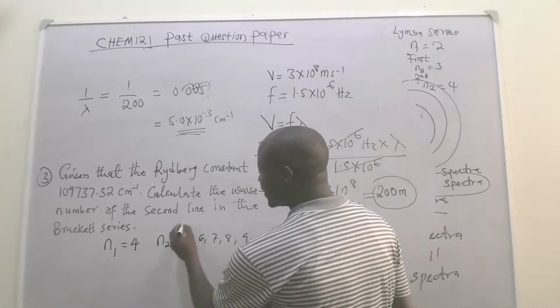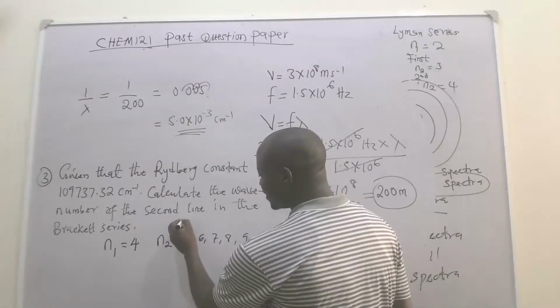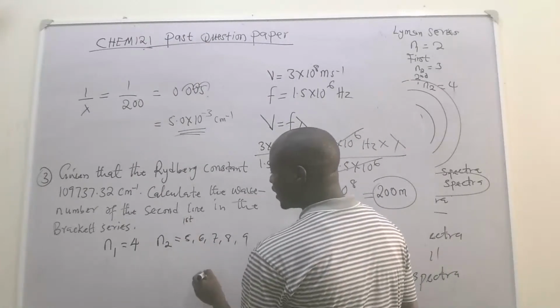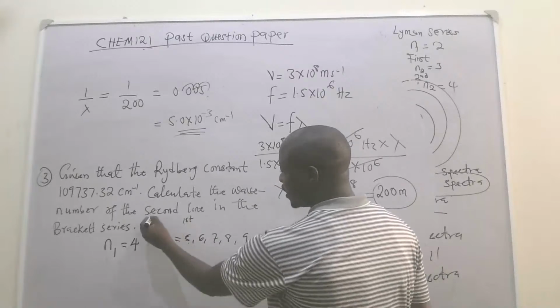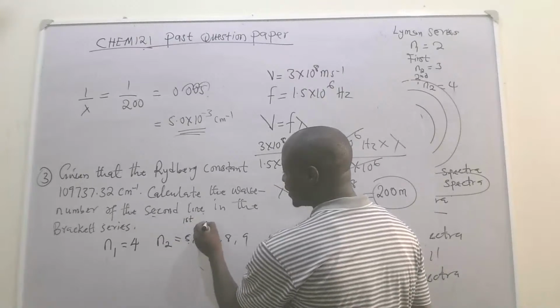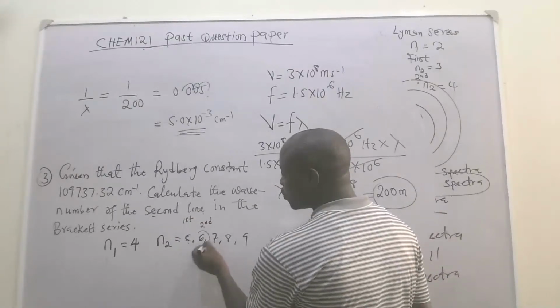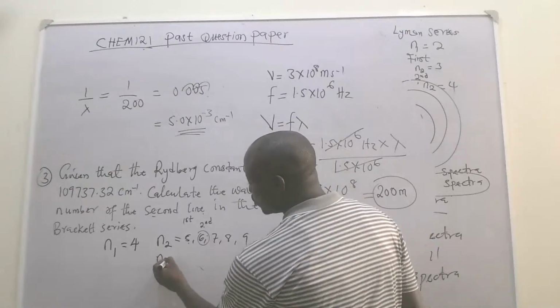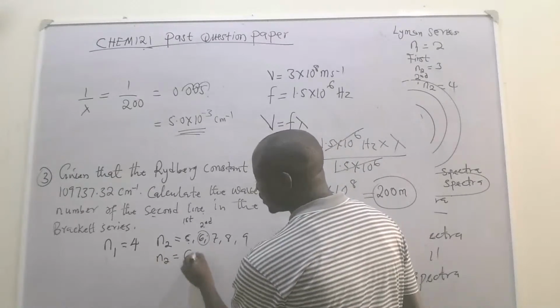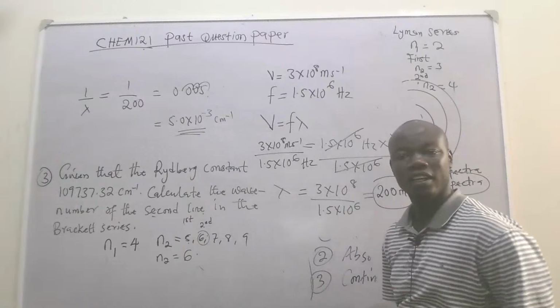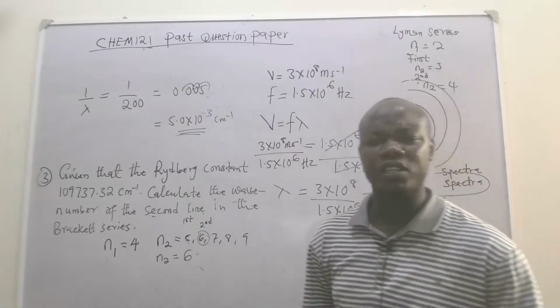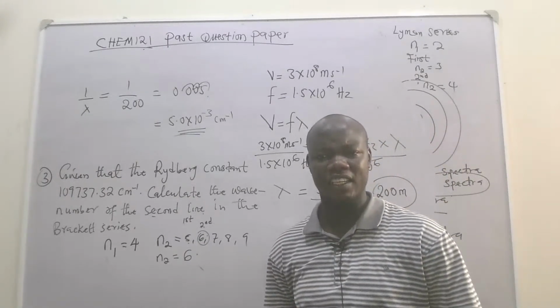For the first line in the series, N2 is equal to 5. But here is the second line. For the second line, N2 is equal to 6. So therefore, we are now going to use N2 equal to 6 at this point. Ladies and gentlemen, please, do you understand?